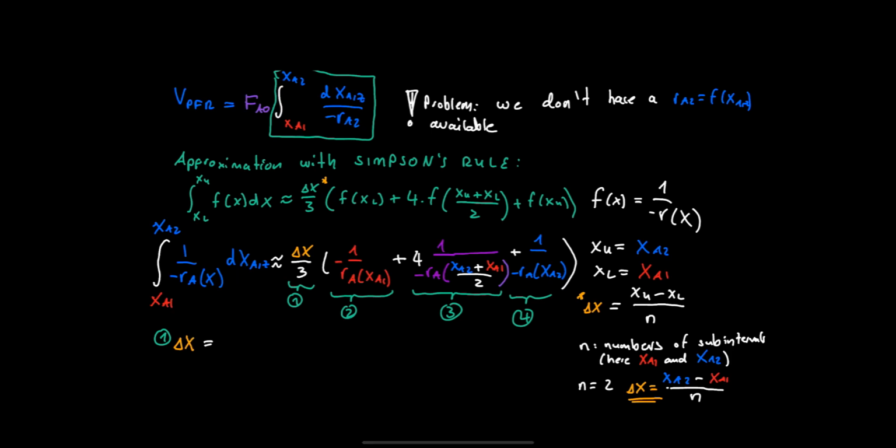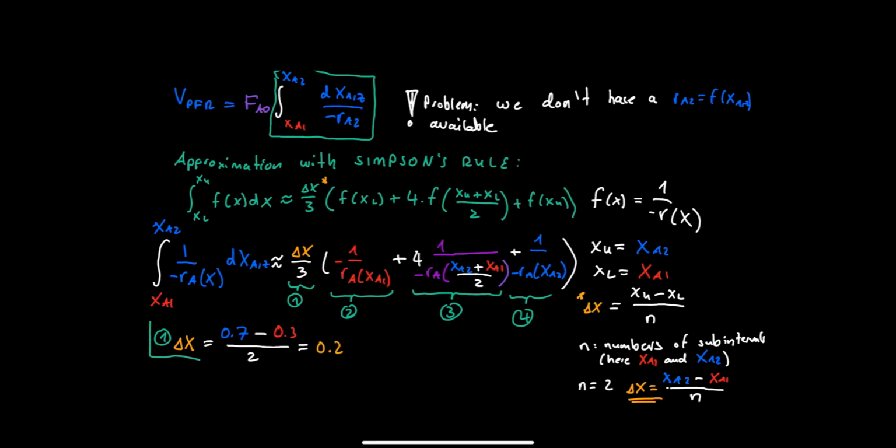So delta x is equal to the conversion A2, which is given by our task, which is 0.7, minus the conversion A1, which is 0.3, divided by n, which is 2, which is equal to 0.2.